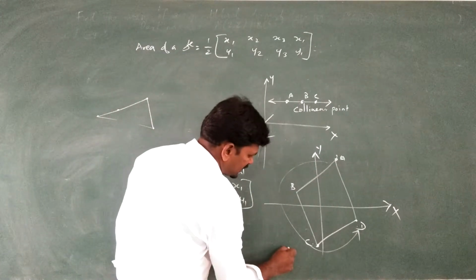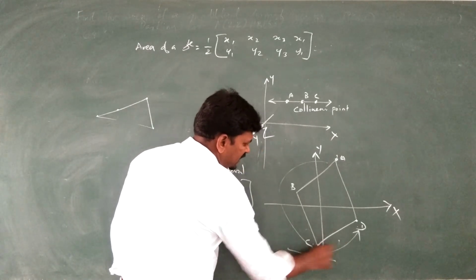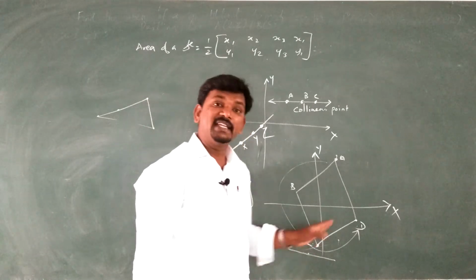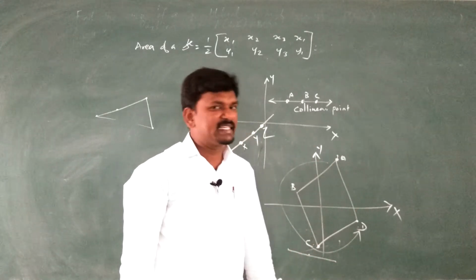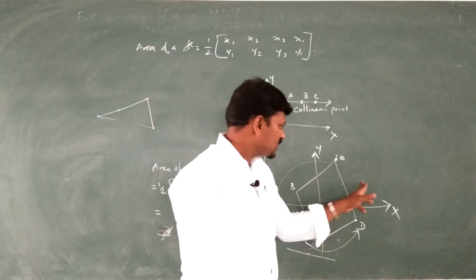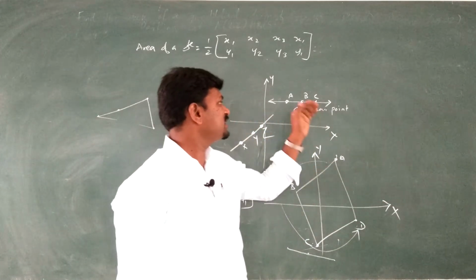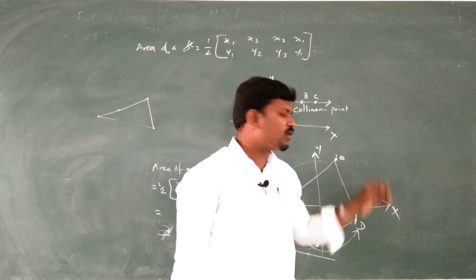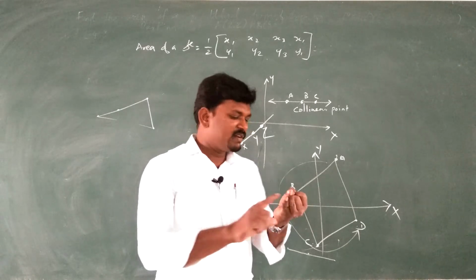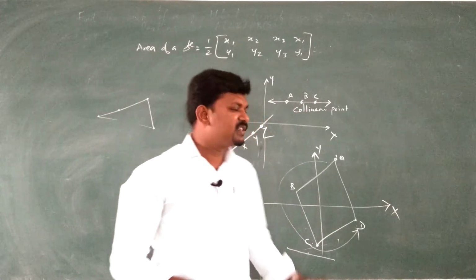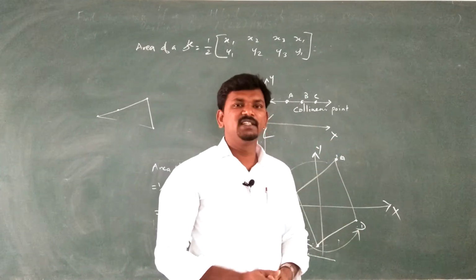You can see 1, 2, 3. 3 points are collinear. Then the fourth point is here. If we join them, we will get a triangle. We will not get a quadrilateral. If 4 points are in 4 different places, we will get a quadrilateral. Sometimes if 4 points lie on the same straight line, we will get collinear points. So if we join any 4 points on the Cartesian plane, sometimes it may be collinear, sometimes we may get a triangle, sometimes a quadrilateral.